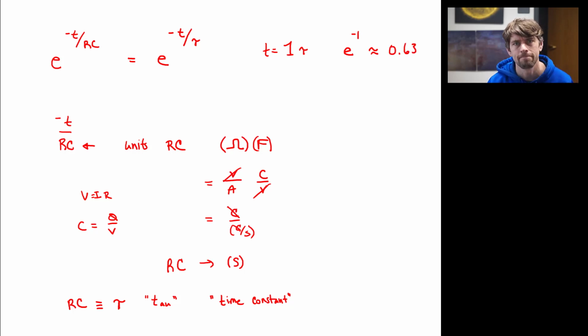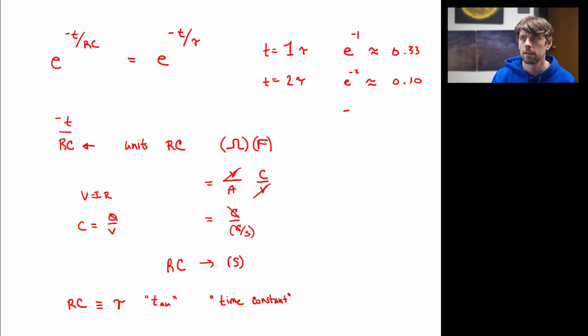Or for 2 time constants, if I recall correctly, you know what, I've got this backwards. That's not 63, this is like 33. 2 time constants is going to be something like 10%. And I think that at 3 time constants, it's something like 5% or 3%, something like that.